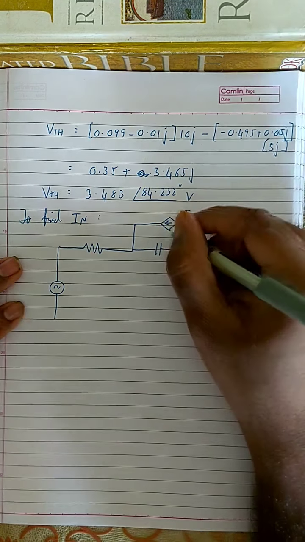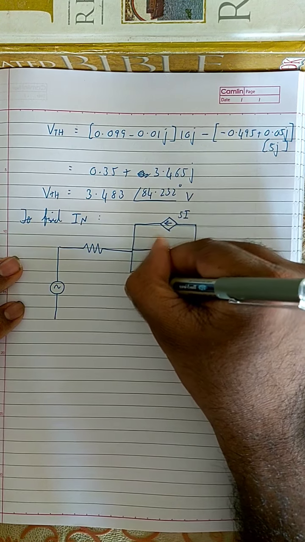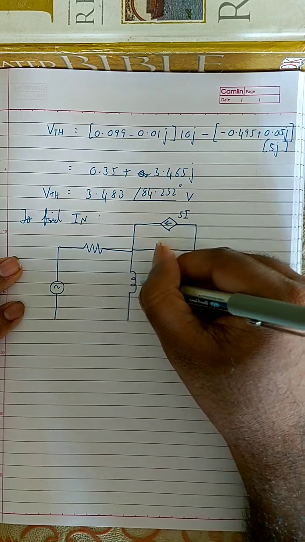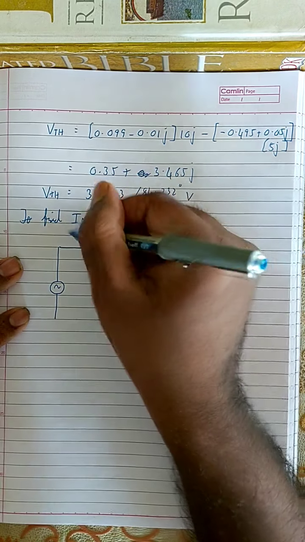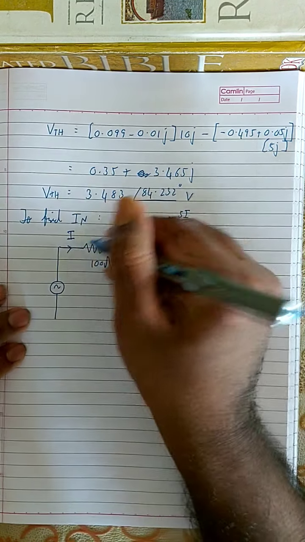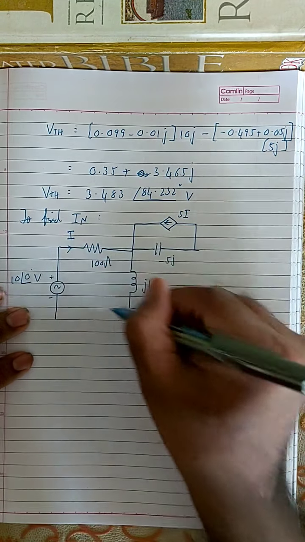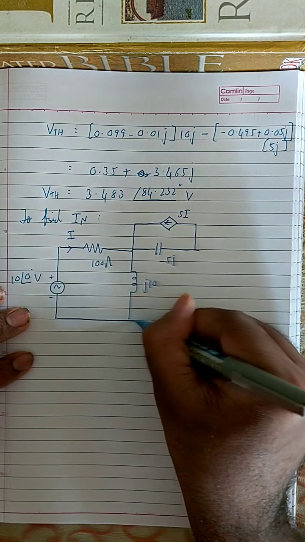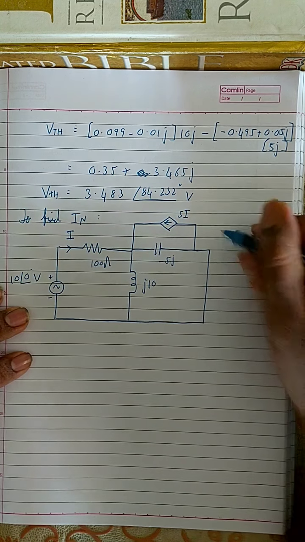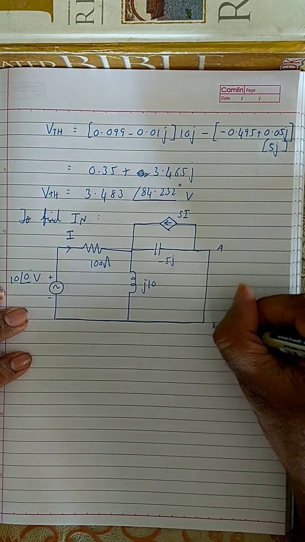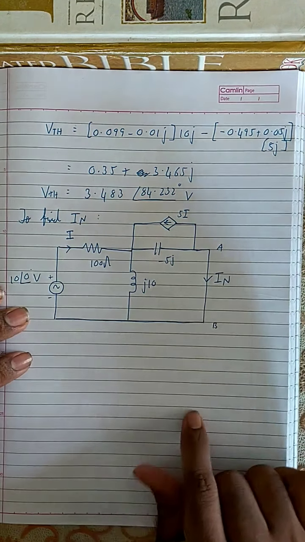This is minus 5j, and this is that inductor j10, and this is 100 ohm. This is I, and this is 10 angle 0 degree volt. And now I'm going to join these two terminals, that is A, B, right? The current flowing from A to B is IN, which means I need to find the value of IN.